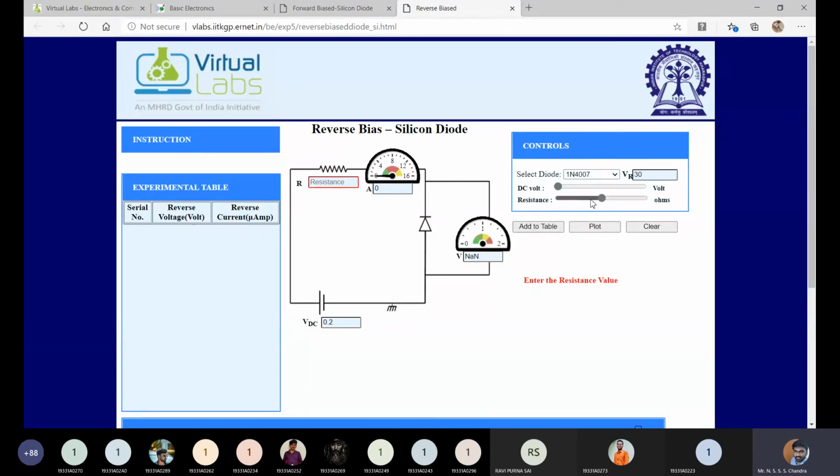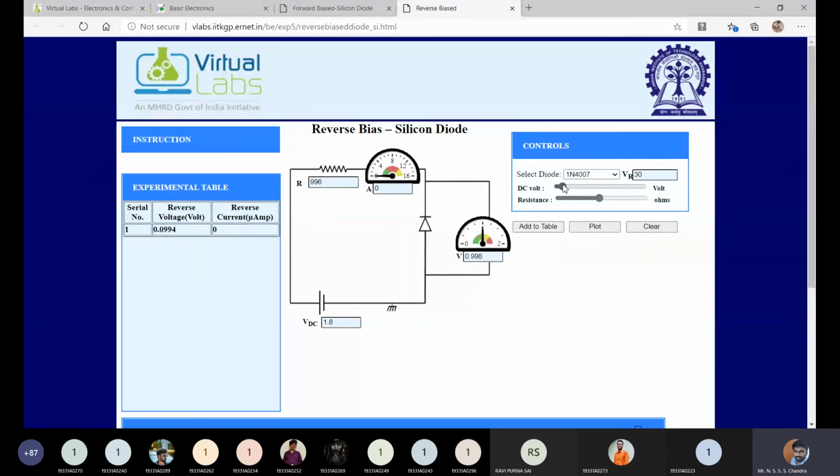So enter the resistance value. Again, I'll take the same value, around 1000. Okay, 996, let it be. So I got reverse current as 0 microamperes. You can see the range, it is not in milliamps, it is in microamps.